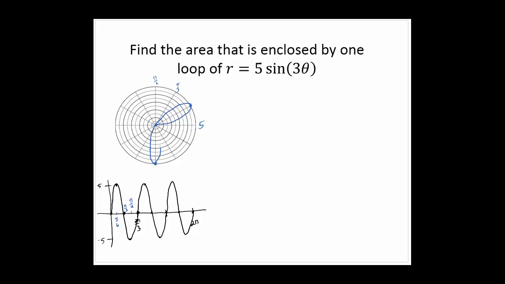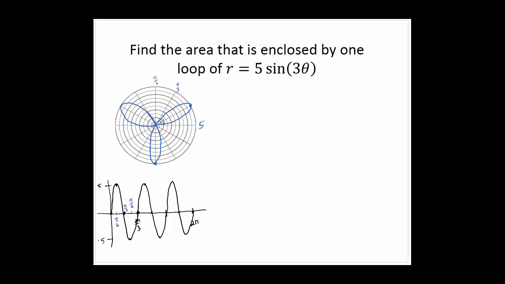And so if you do a little bit more work here, you'll get a curve that does something like this. All right, so there's the curve defined by that equation, but we're asked for the area enclosed by one loop.